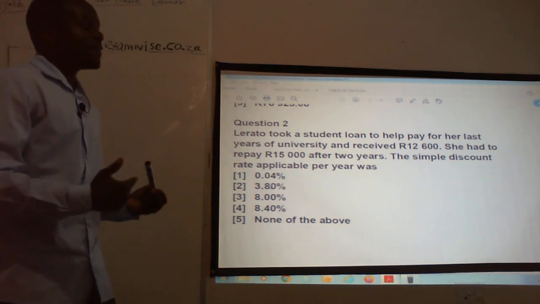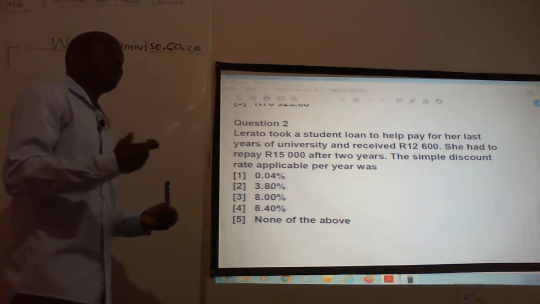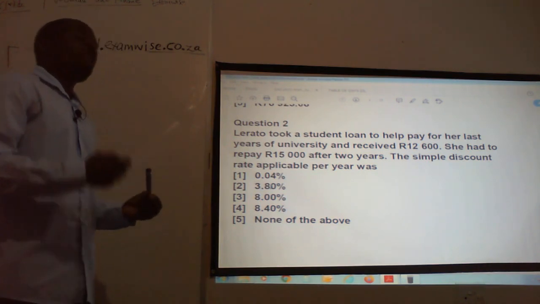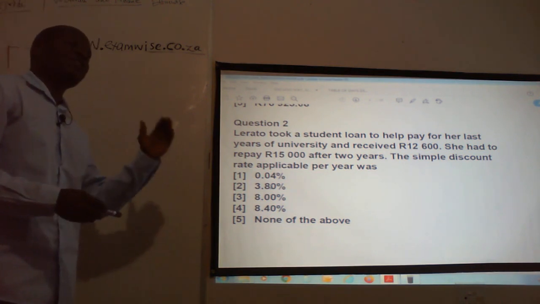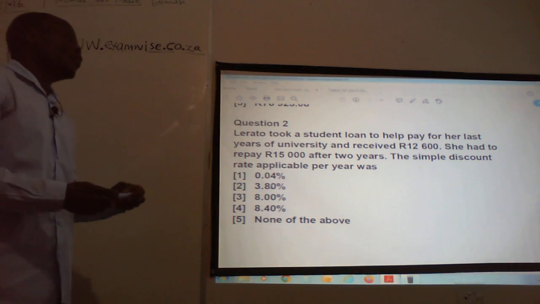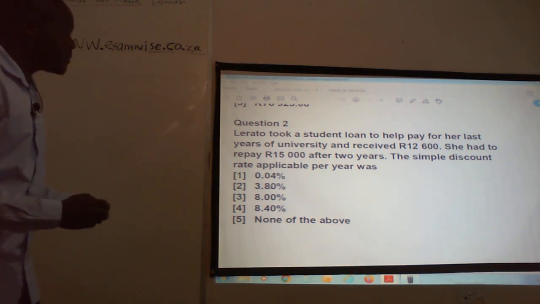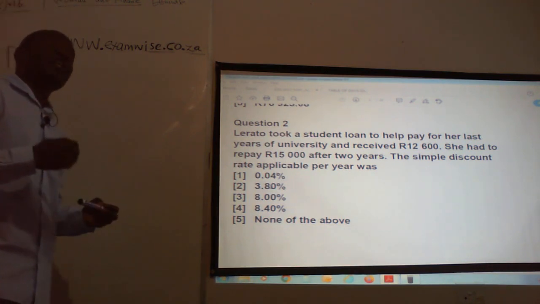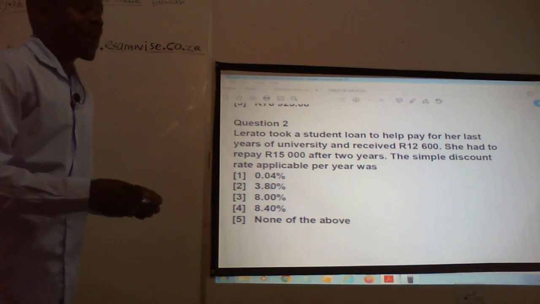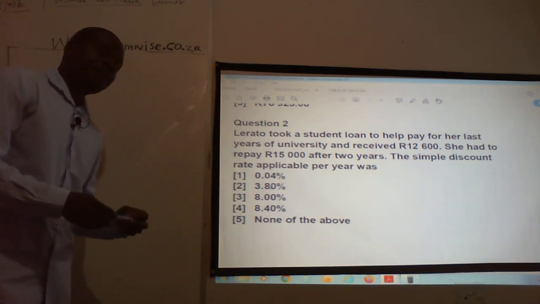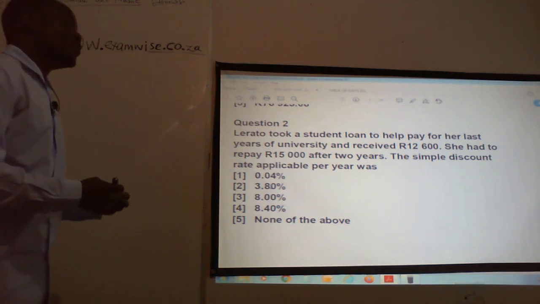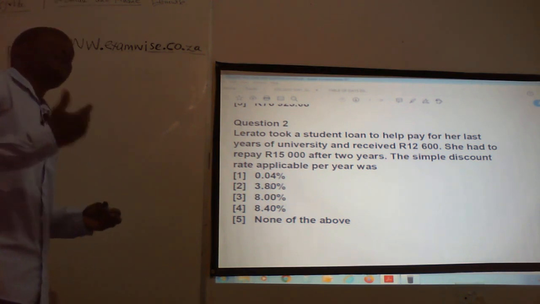So as long as they are saying the simple discount rate as well, we are going to use our simple discount model. So under simple discount as well, we cannot use our financial calculators, but we can only use a formula. So in the exam as well, you will also be given the formula.